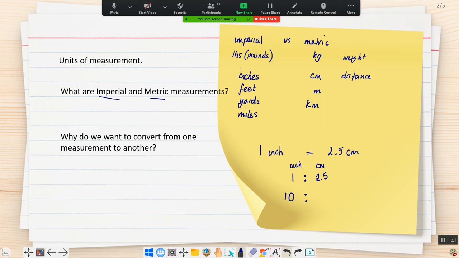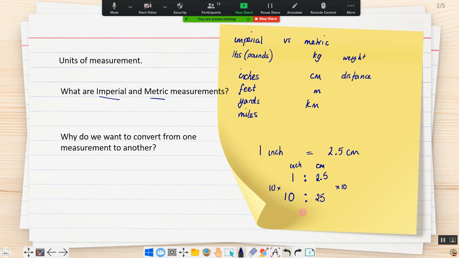I wouldn't multiply by 2.5, no, but I would multiply by something. Multiply by 10. I'd multiply by 10, wouldn't I? Because if I've got 10 lots of 1 inch, I should have 10 lots of 2.5 centimeters. So 2.5 multiplied by 10 is 25.